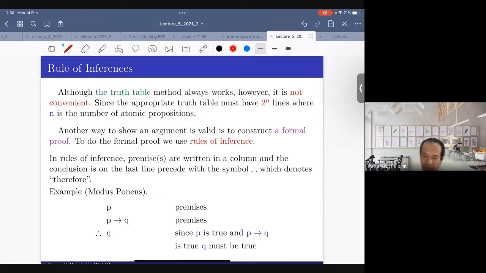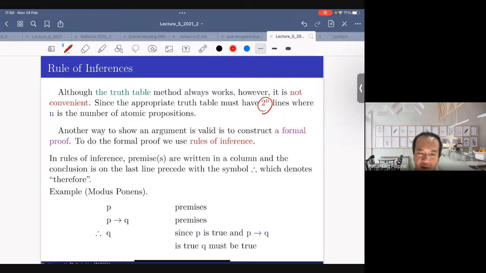Okay, the second method that you can use to validate the argument is to use rules of inference. The reason we want to use rules of inference is because sometimes the truth table is just not enough. The number of rows of the truth table depends on the number of atomic propositions n.